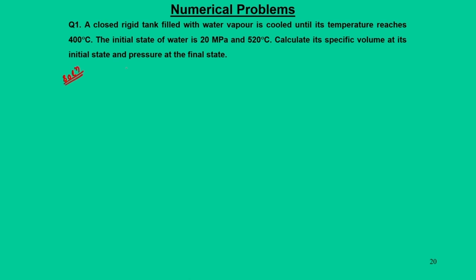what data has been given? We have this initial state, which is 20 megapascal and 520 degrees centigrade. The final state is 400 degrees centigrade, and since it is a closed rigid tank, there is no change in the volume. So, it is a constant volume process.